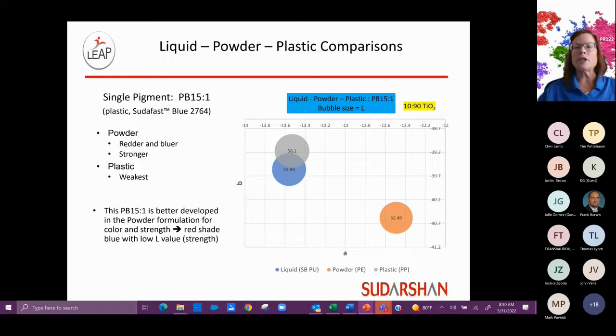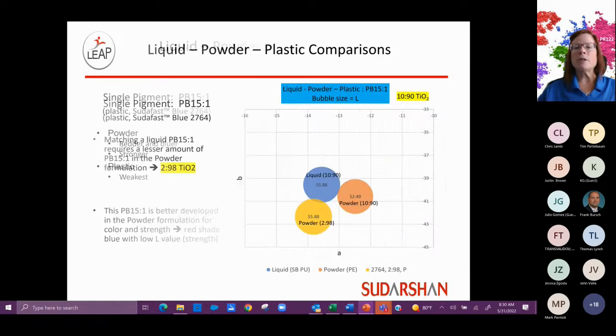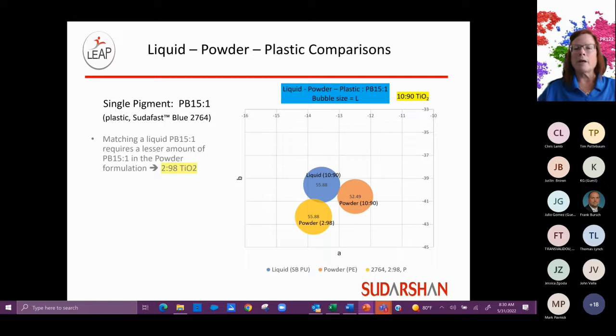Now, if you have the challenge of having to match a liquid formulation to a powder formulation, it could be a challenge. However, it's always good to see how the color moves in here. So in this particular case, if I wanted to match the powder formulation to the liquid formulation, I just need to lower the amount of pigment in this particular blend to a 298 TiO2 to get the similar L value and color value.